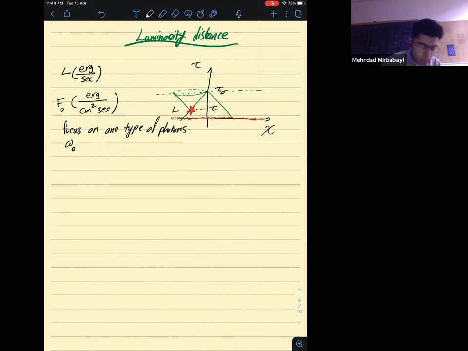By one type, I mean one particular frequency of photon. So then we know that omega naught is given by omega divided by 1 plus z.